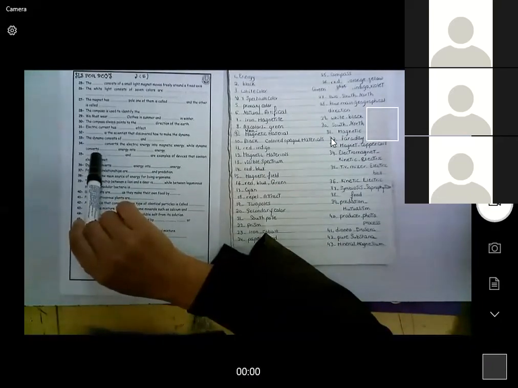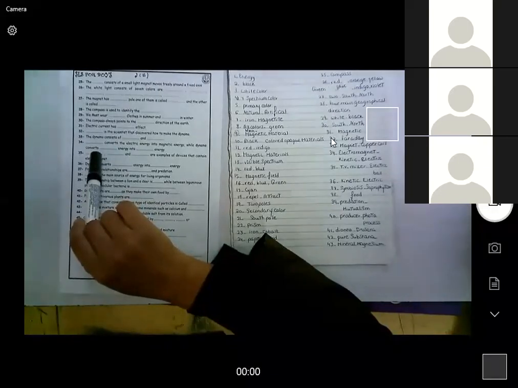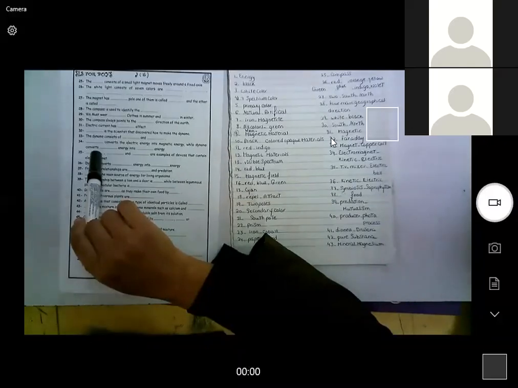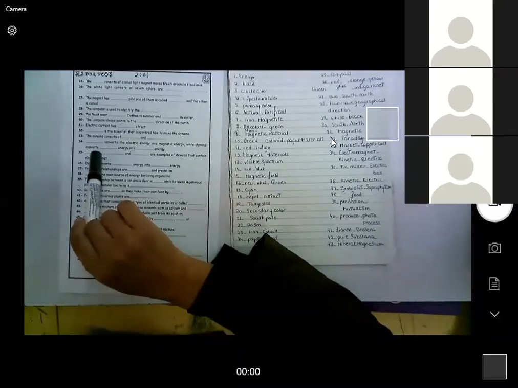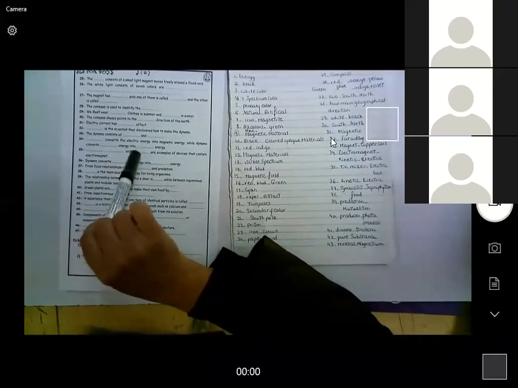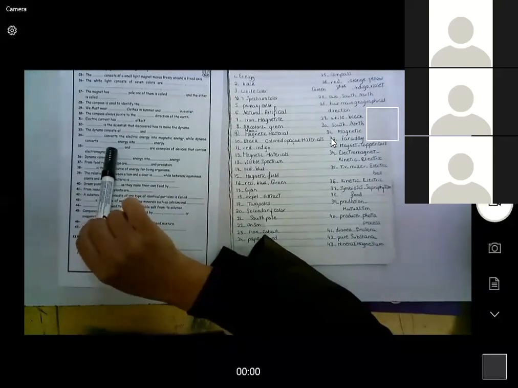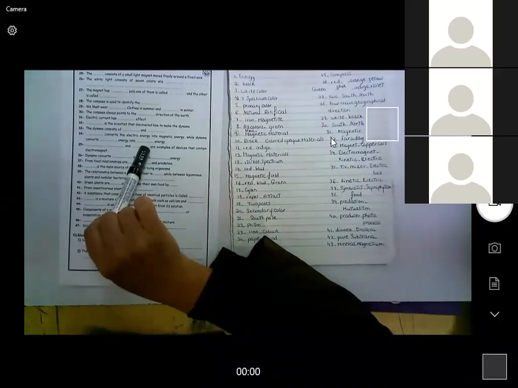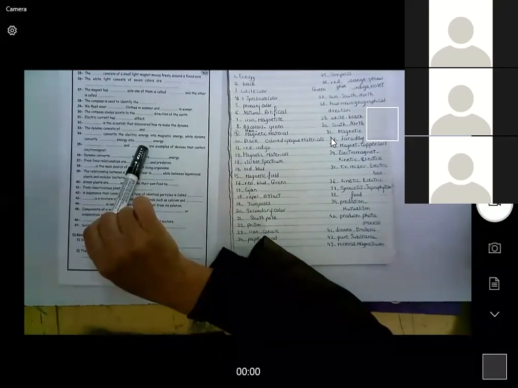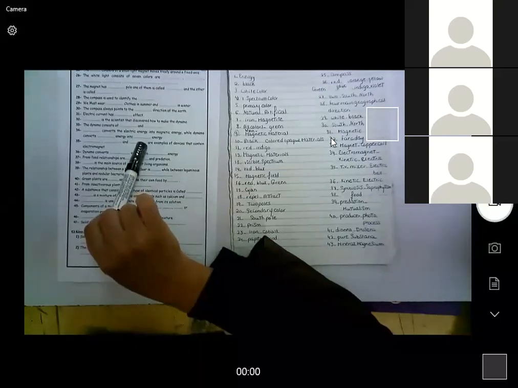34. Convert the electric energy into magnetic energy. We said before, electric to magnetic, electromagnet. Well, the dynamo is from kinetic to electric. Don't write magnetic to electric. Write kinetic to electric.